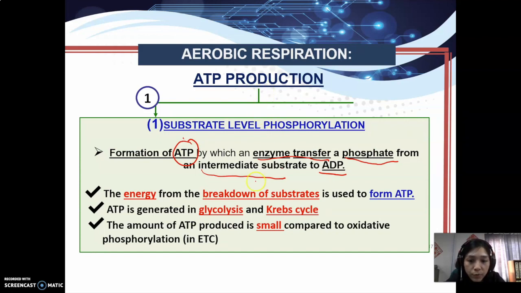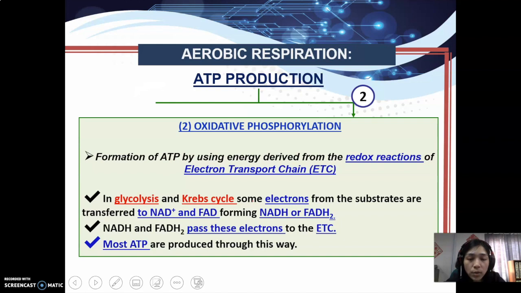Substrate level phosphorylation occurs during glycolysis and also Krebs cycle. The amount of ATP produced is small compared to the other one, oxidative phosphorylation. Oxidative phosphorylation is the formation of ATP using the energy derived from the redox reaction in the ETC. Redox reaction involves oxidation and also reduction.